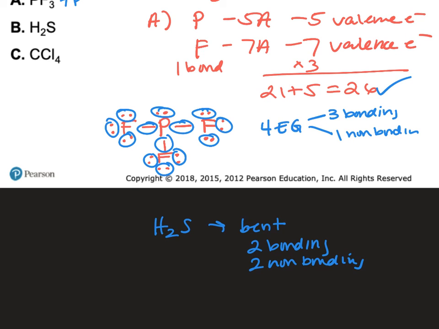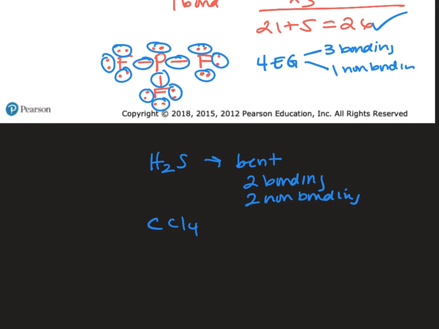And then finally we have CCl4. Now, carbon has 4 valence electrons. It forms 4 bonds. Chlorine has 7 valence electrons, so times that by 4. All right, it's going to form 1 bond. Our total number of valence electrons, 28 plus 4 is 32.